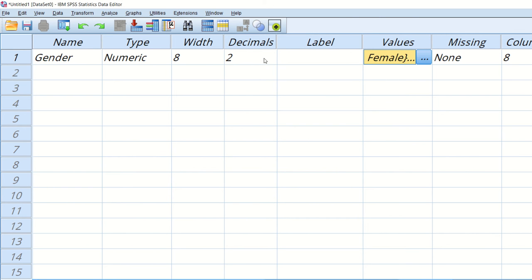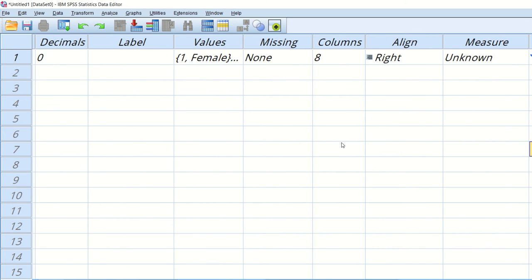There is no order for that, and the decimals should be 0 because when we are grouping, we don't need these digital points here. And the width, of course, gender can be female, male, or maybe some other types, but it's only a 1 digit number. We only write here 2 groups. It depends on your measurement, on your study, how many groups you define here.